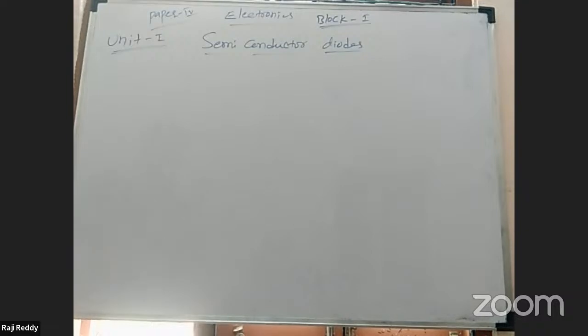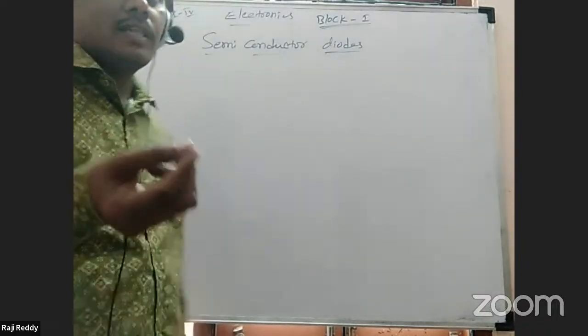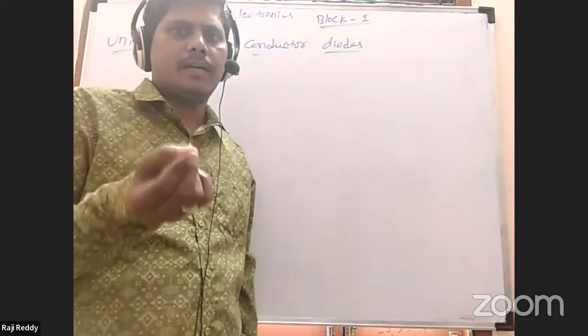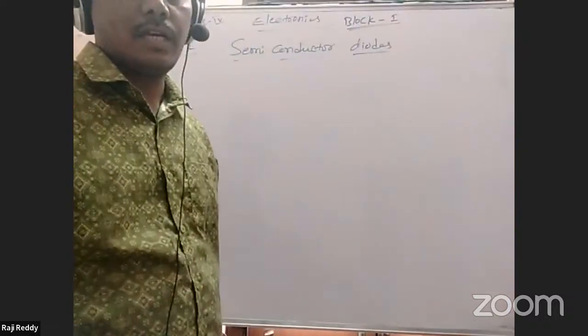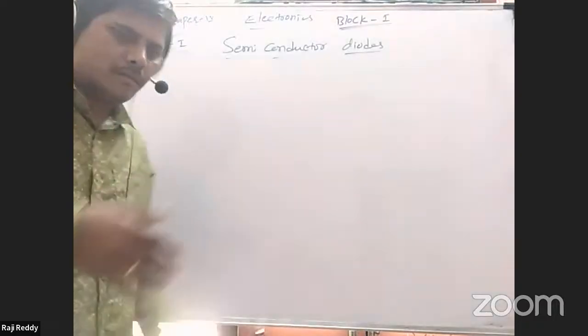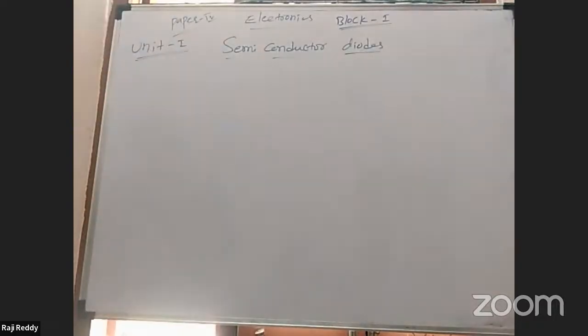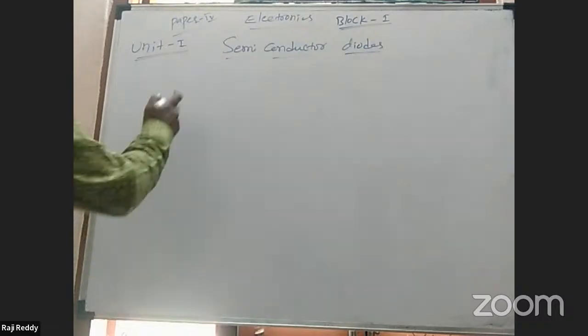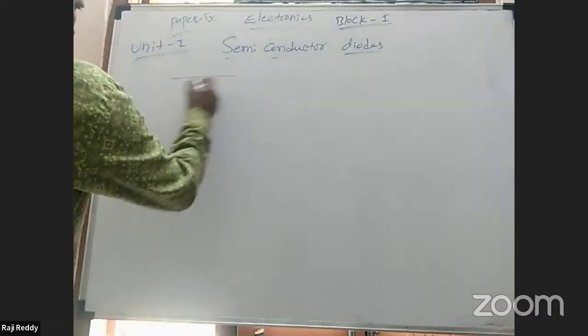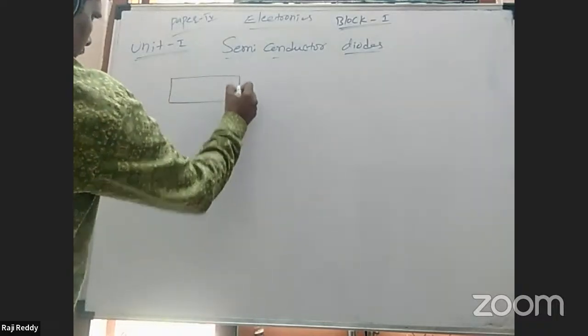Semiconductor material means when P-type and N-type semiconductor materials are suitably doped with each other, then PN junction diodes are formed. In the simplest way, it is the sandwiching of P-type and N-type material, like a burger, joining as a pair. P indicates positive, N indicates negative.